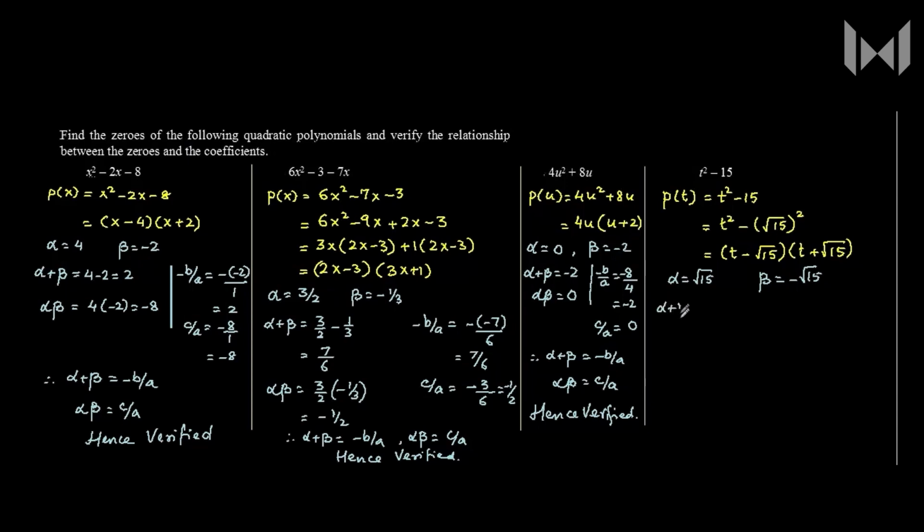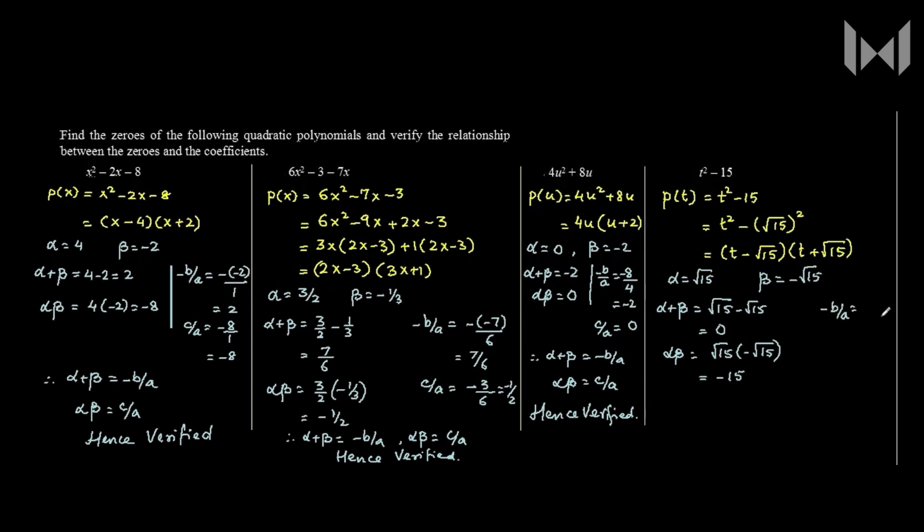Now looking at alpha plus beta, root 15 minus root 15, and that is equal to 0. And alpha beta is root 15 into minus root 15, and that is equal to minus 15. Now minus b by a.